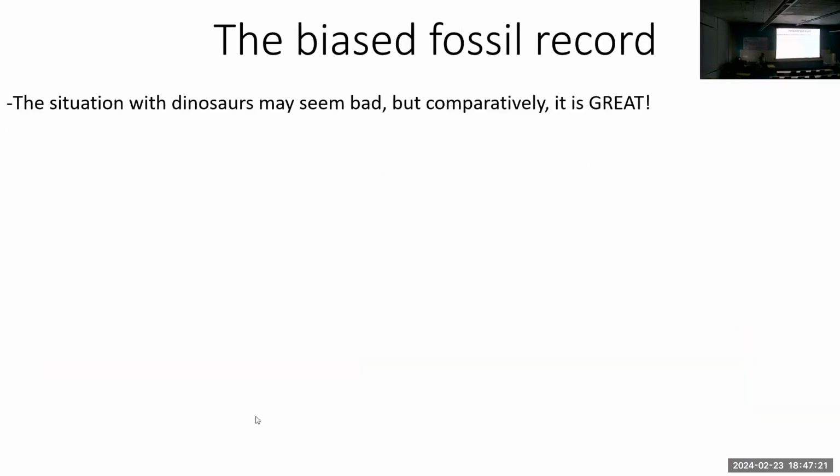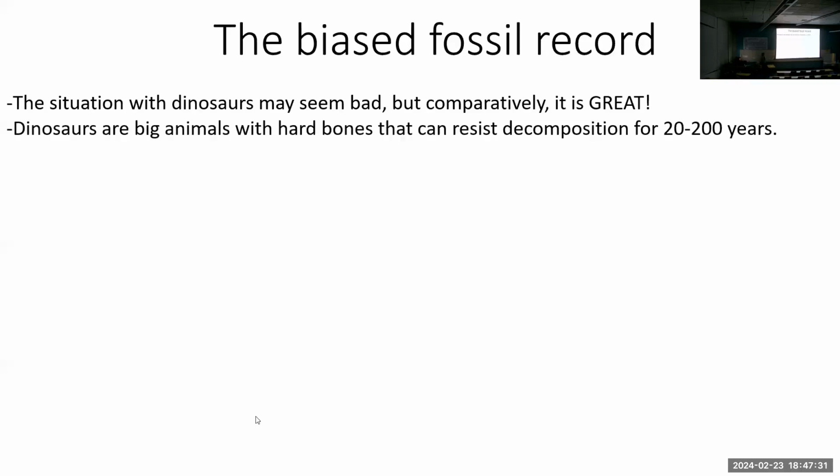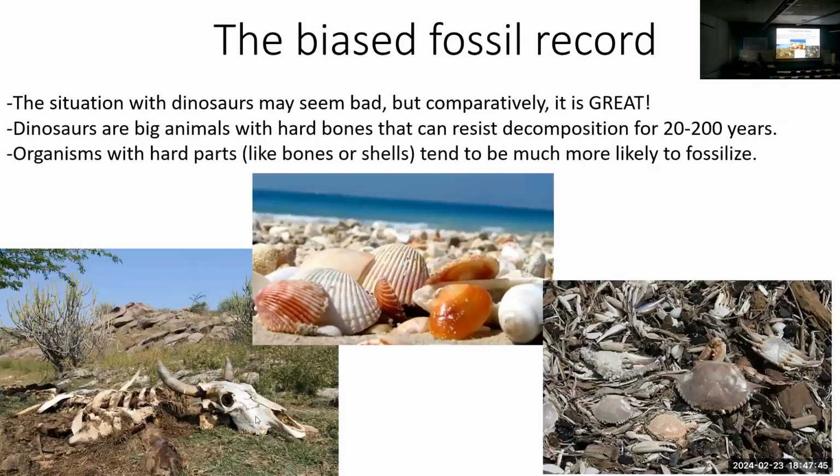So this situation with dinosaurs may seem really bad, but comparatively, it's actually really great. The fossil record of dinosaurs is great compared to some other types of organisms. And the reason for this is dinosaurs are big animals, and they have hard, bony skeletons. And those skeletons can resist decomposition for up to 200 years.